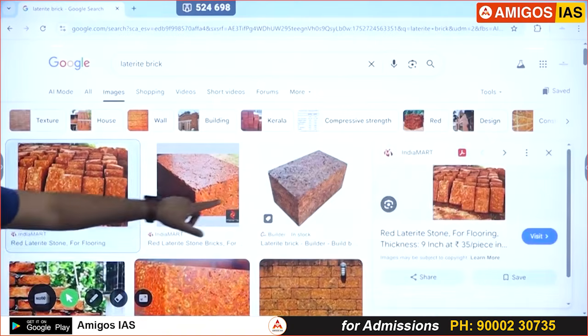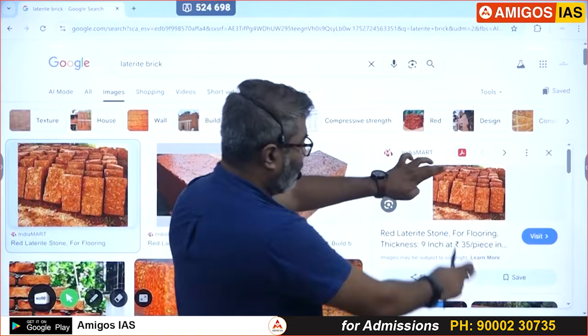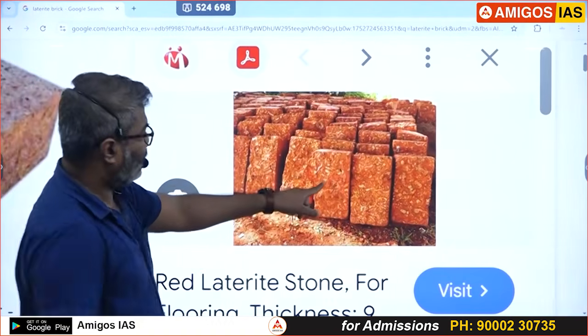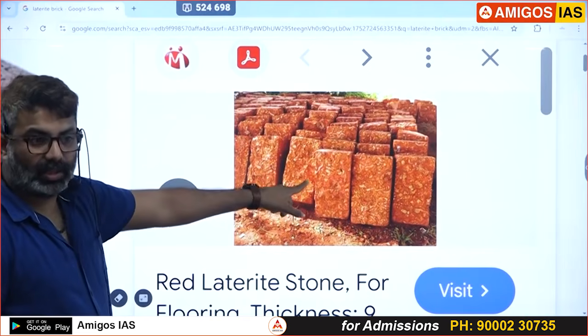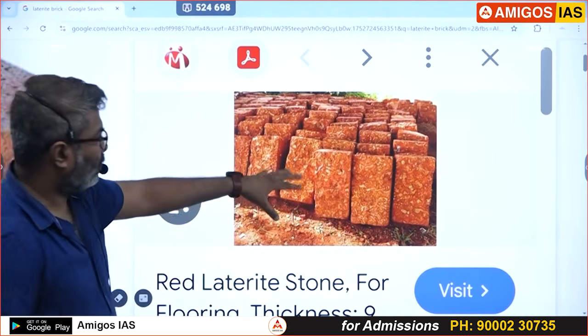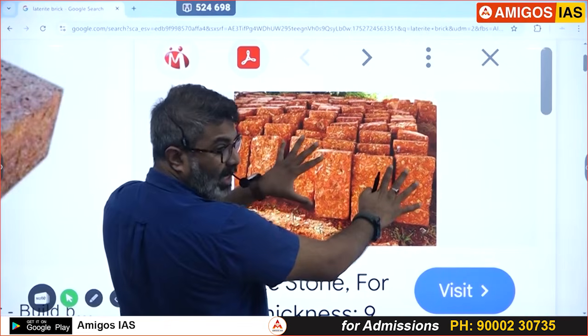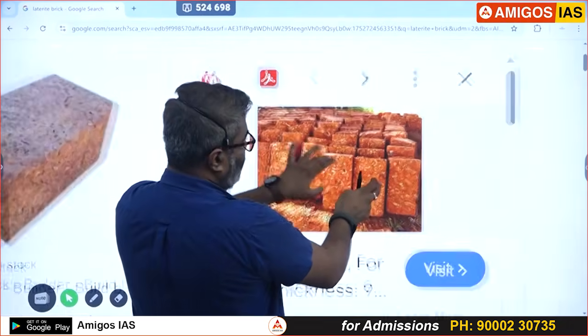You would have seen this. See how they have cut it in the form of bricks. Reddish yellow color, indicating iron and alumina presence in this.